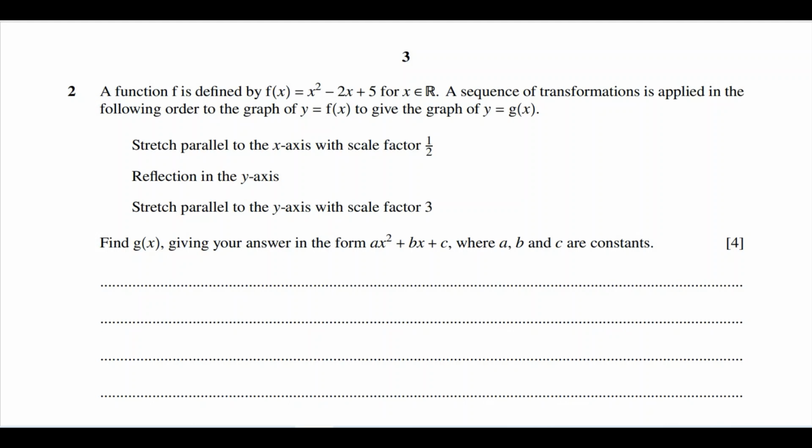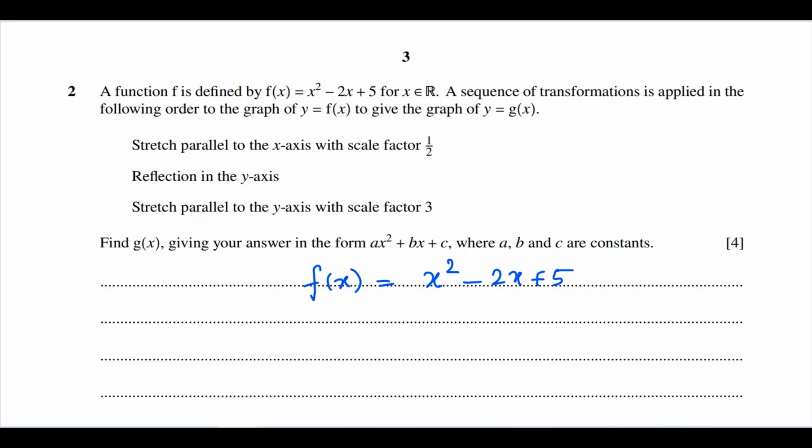Find g of x, giving your answer in the form ax square plus bx plus c, where a, b and c are constants. First, let us write f of x as x square minus 2x plus 5.